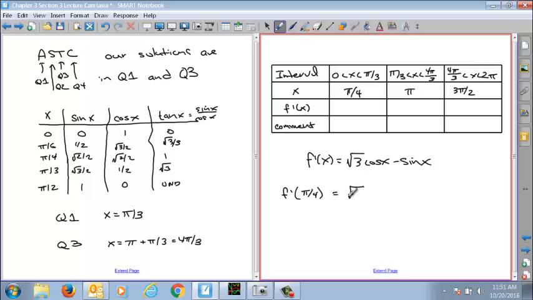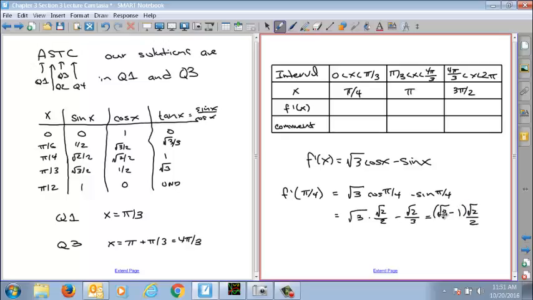So you'll get the square root of 3 times the cosine of pi over 4 minus the sine of pi over 4. Well, these are both the square root of 2 over 2. So you get the square root of 3 times the square root of 2 over 2 minus the square root of 2 over 2, which is equal to the square root of 3 minus 1 times the square root of 2 over 2.